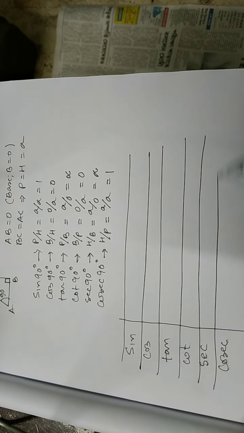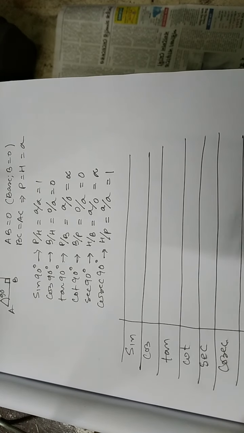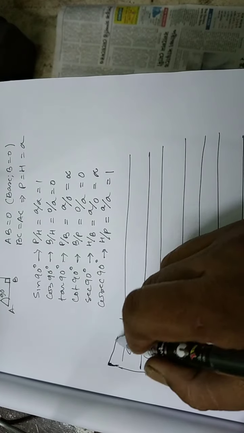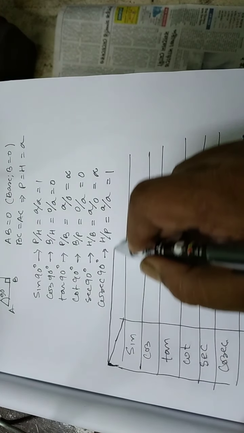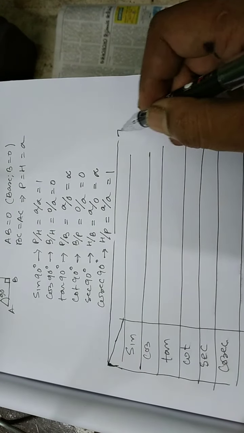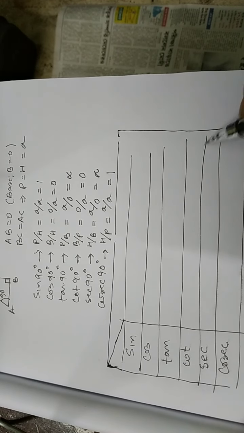This is the trigonometry table. You should remember it by any means. The trigonometrical table, you can always remember it to solve the problem easily, to understand the problem easily.